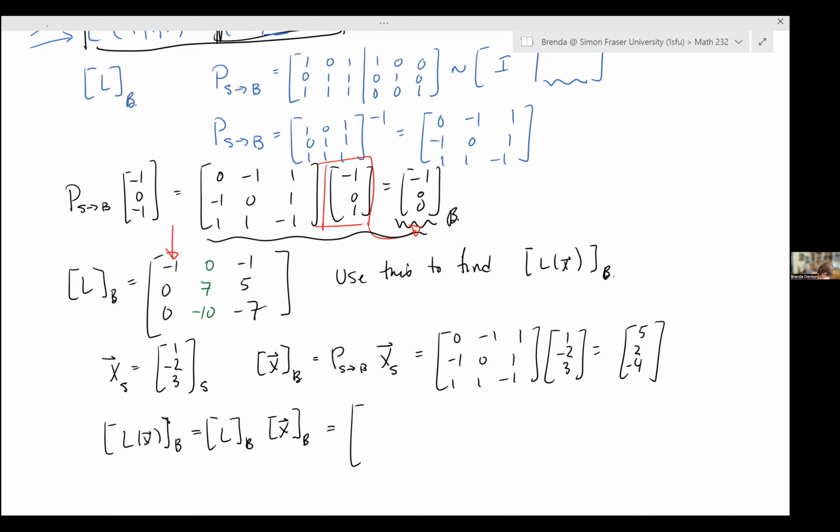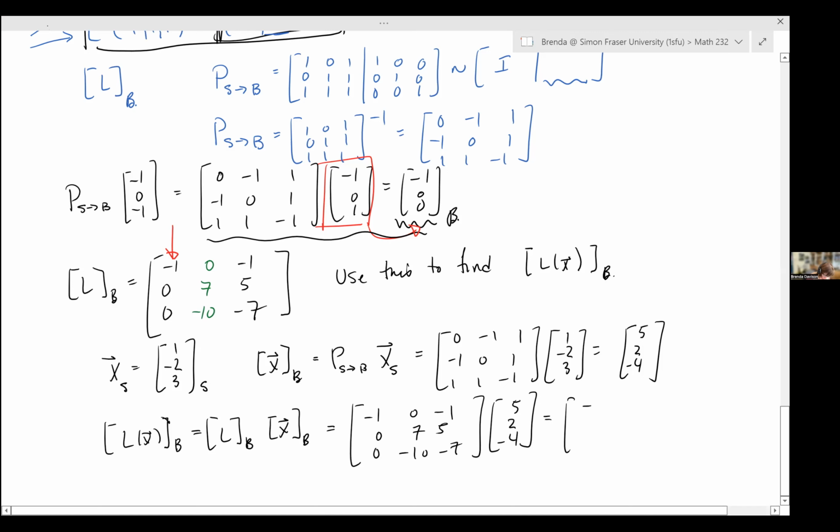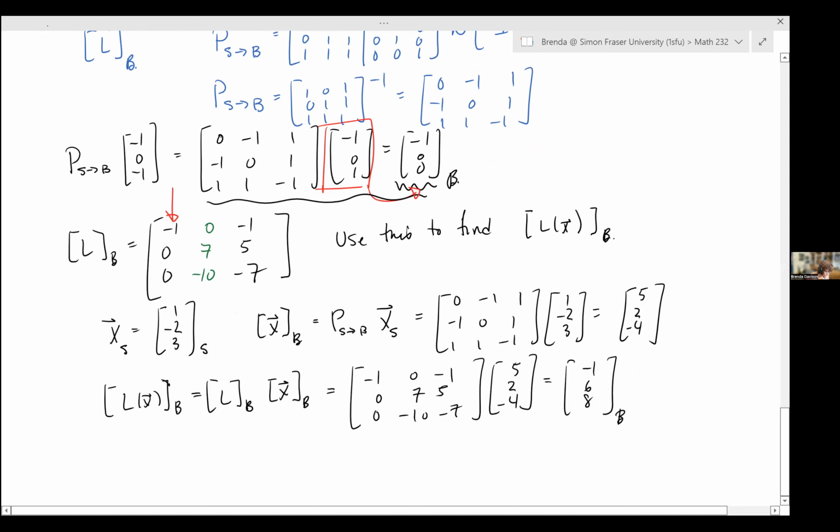L of B is this: minus 1, 0, minus 1, 0, 7, 5, 0, minus 10, minus 7. I'm going to multiply that by 5, 2, minus 4, and I'm going to get some number. I got minus 1, 6, 8. That vector is coordinates relative to B.